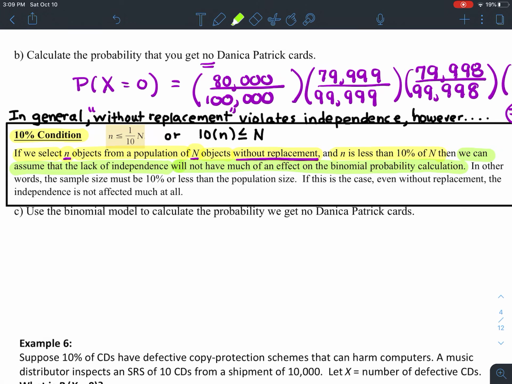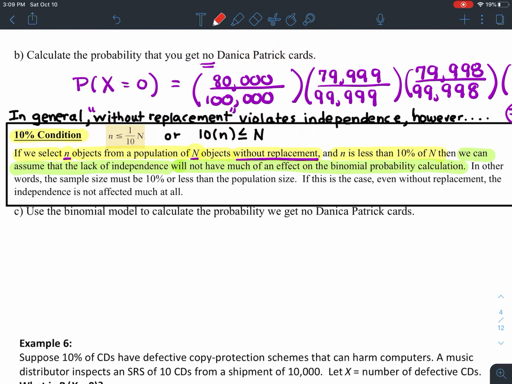So in other words, your sample size has to be 10% or less of the population size. If that's the case, even though you're not doing replacement in between your selections, the independence condition is not being affected very much. And I'm going to show this to you with this Danica Patrick example.